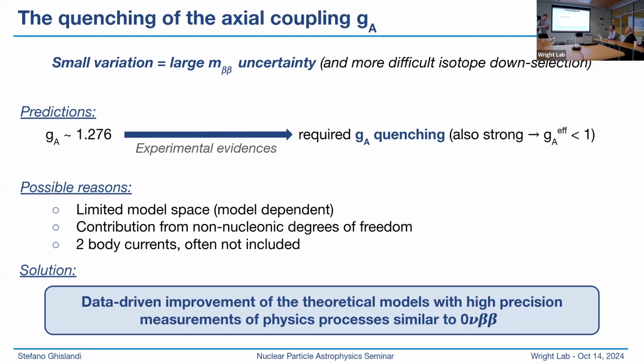I mean, predict is not the correct word. If you want to match these models with the observations, GA is different among the different models. This is telling you that the different models are assuming different approximations, and the effect of this is the different quenching of GA. So GA is this one. The quenching is only phenomenological.